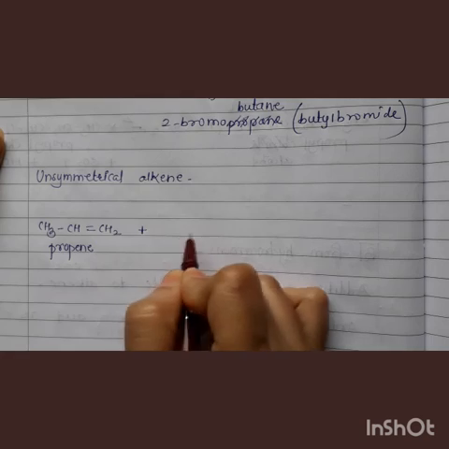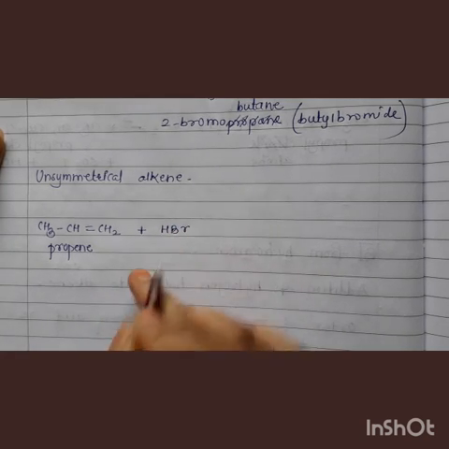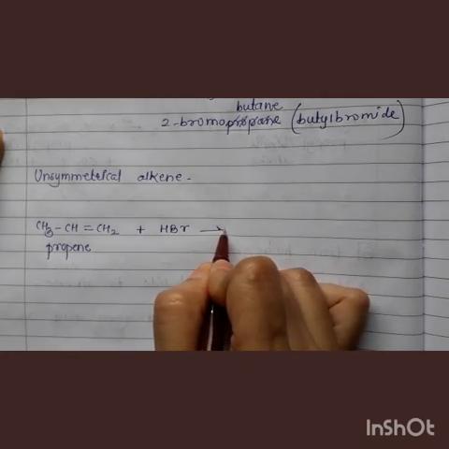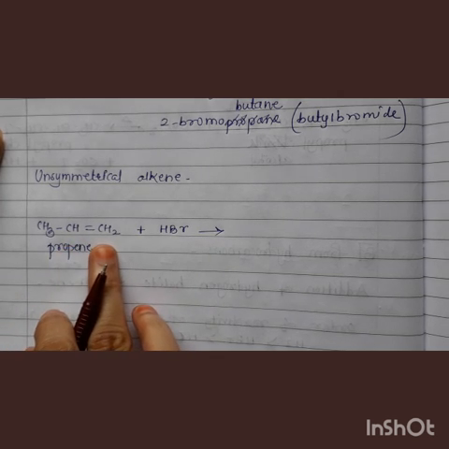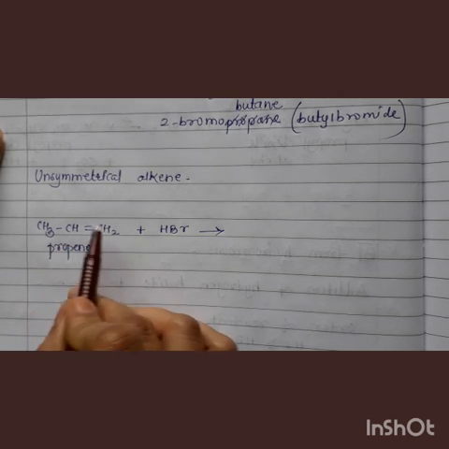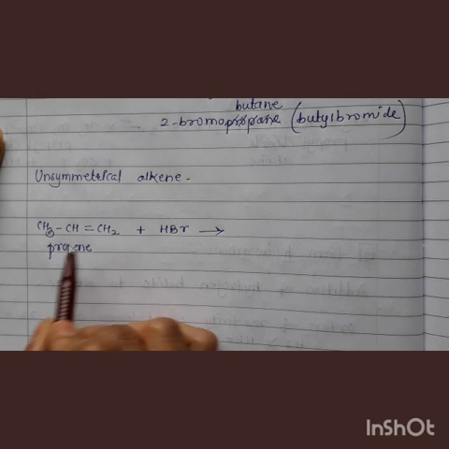Now we have to add one hydrogen halide. Suppose hydrogen bromide we are going to add. Now here this alkene is unsymmetrical alkene, so on either side of double bond 2 different groups are attached.